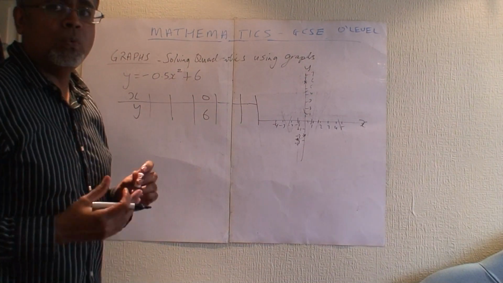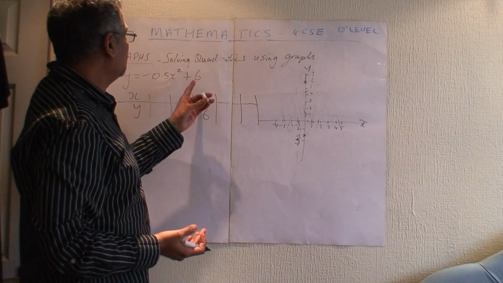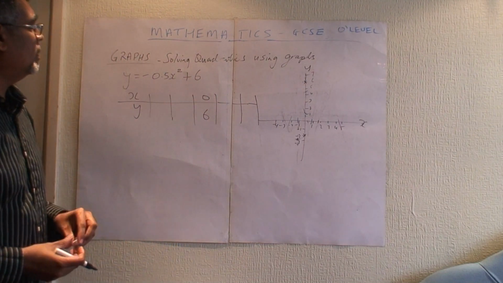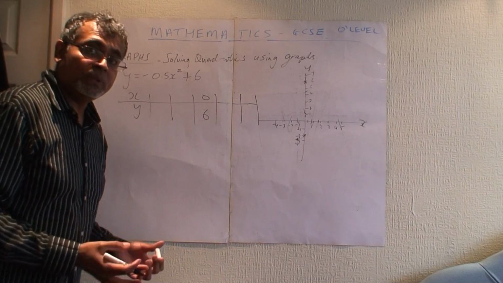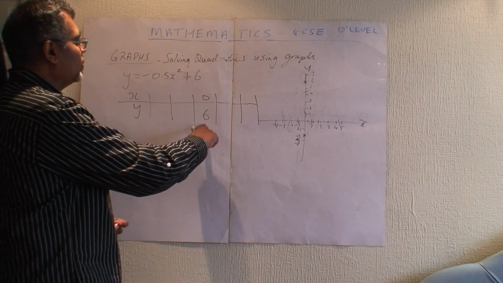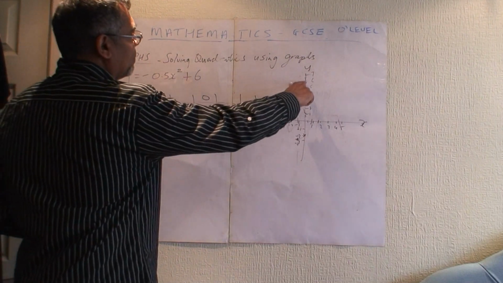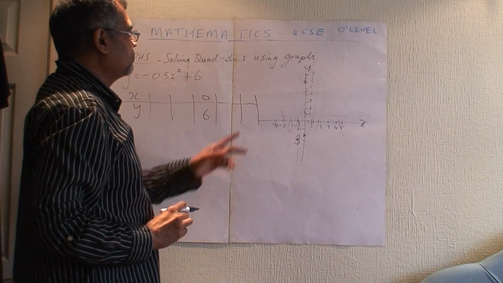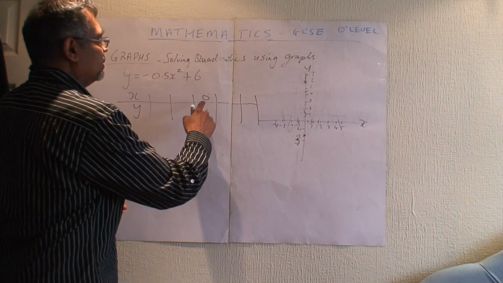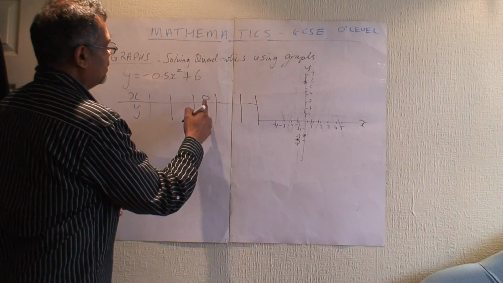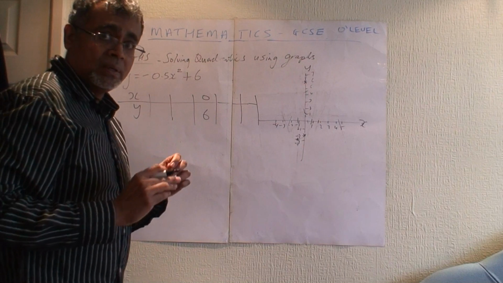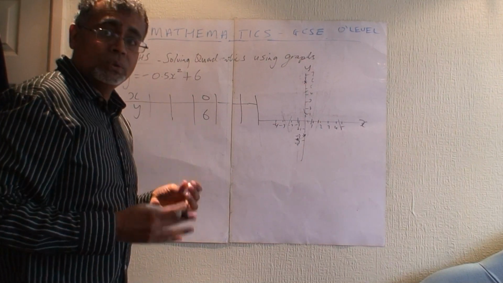So we know one point just by looking at the quadratic expression. The coordinates for both x and y: we already know this is the y-intercept, y is equal to 6, and the value of x is 0. But that's all we know so far.